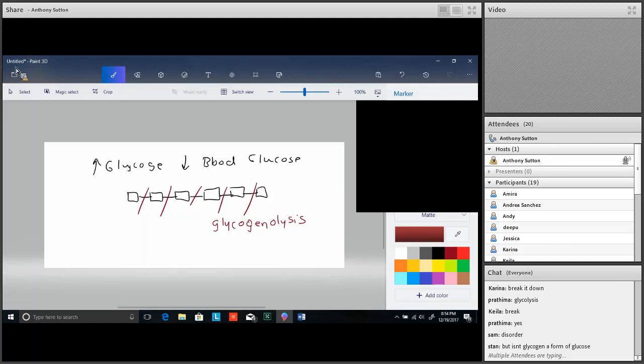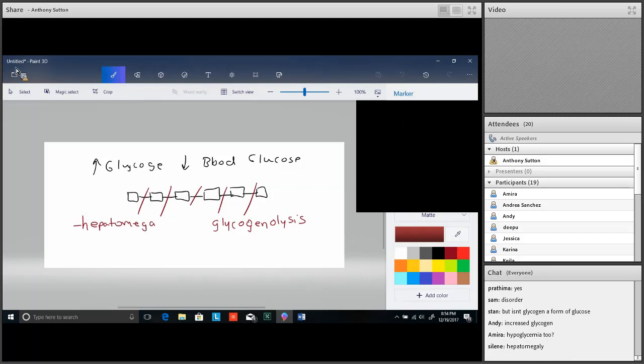But if we did not have the enzymes that could break it, good, Andy, that's right. Andy is right on it. You're going to increase the amount of glycogen. Does that make sense? Because if you can't break the glycogen down, then you're going to increase the amount of glycogen. Now, what is going to happen to the liver as a result of that? That's right, Amira. Hypoglycemia, hepatomegaly. Good, Celine. That's exactly right. So Celine said it.